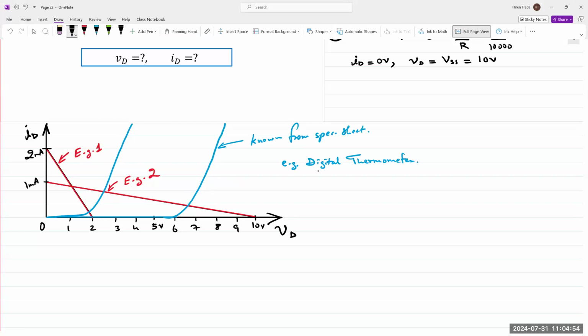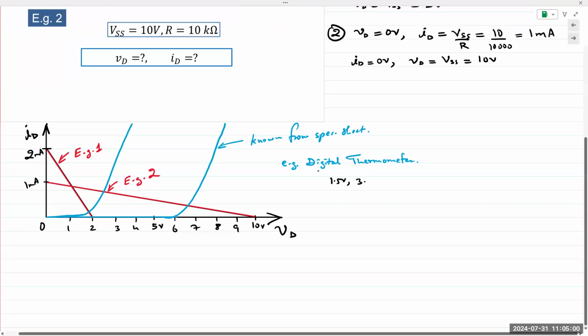And you would know whether you're using a 1.5 volt battery or a 3.6 volt button cell, those coin cells. So then you would know that voltage.